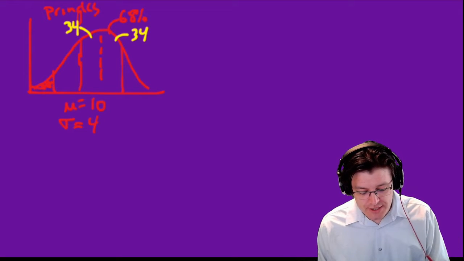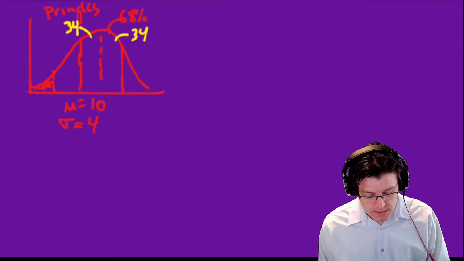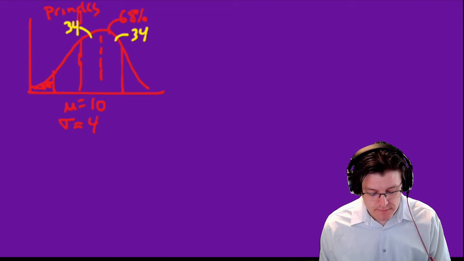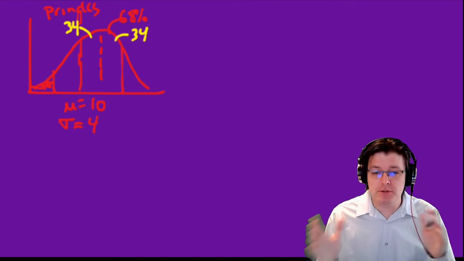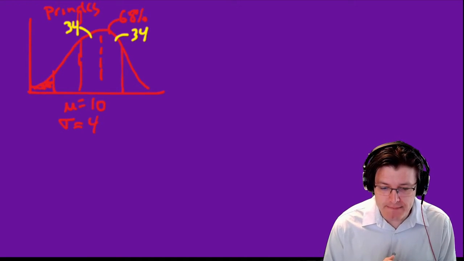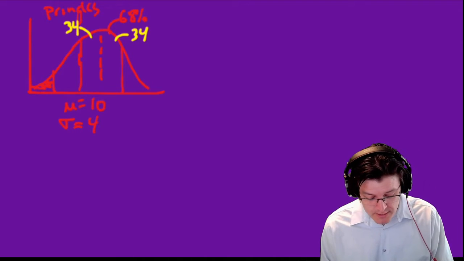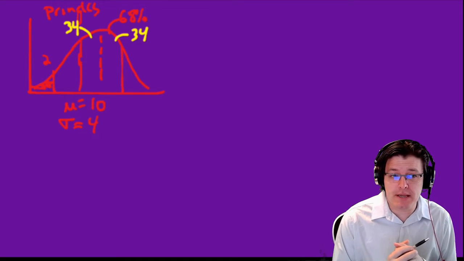Within 2 standard deviations, the empirical rule tells us it's about 95%. So 95% is within 2 standard deviations, and we're talking about a value of 2 here, which is 2 standard deviations from the mean.